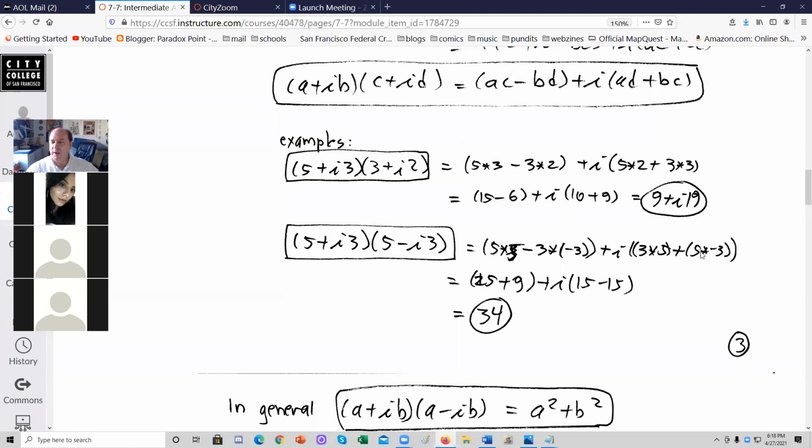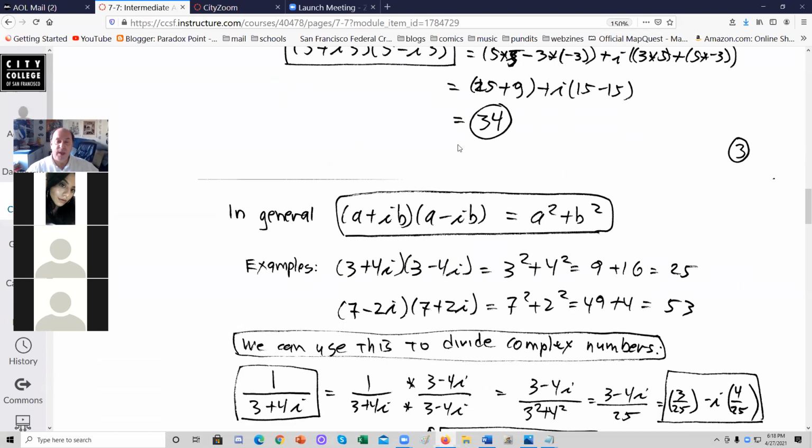So i times 5 times negative 3. So we're going to get 25 plus 9 for the real part. The imaginary part will be i times 15 minus 15. The imaginary part cancels out. And so all we're left with is the real part, 34. In general, a plus ib times a minus ib.